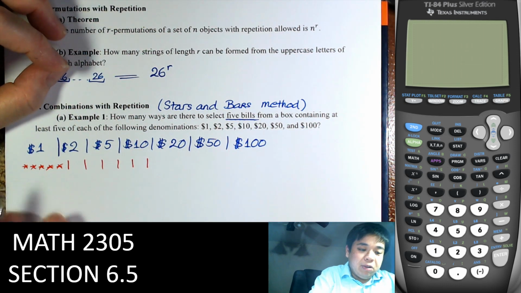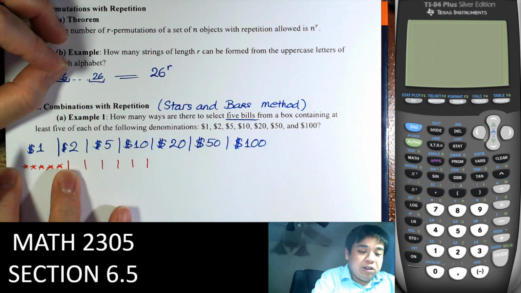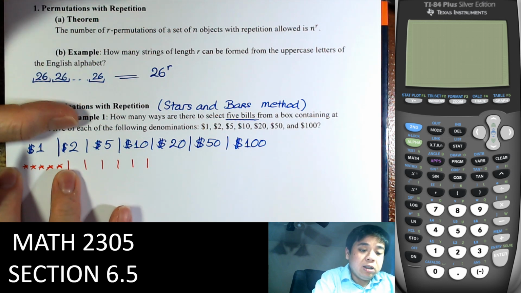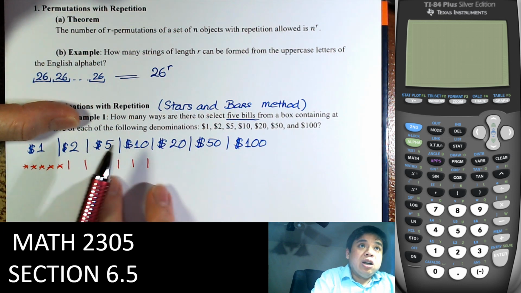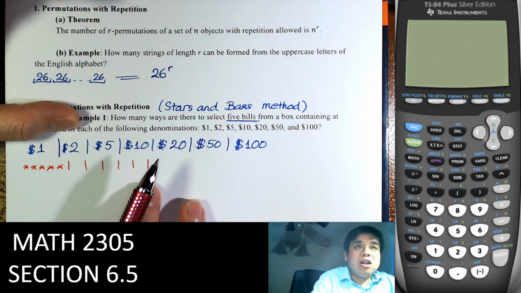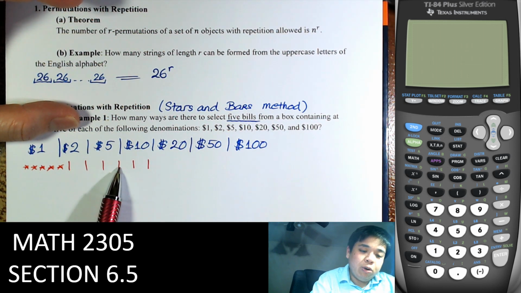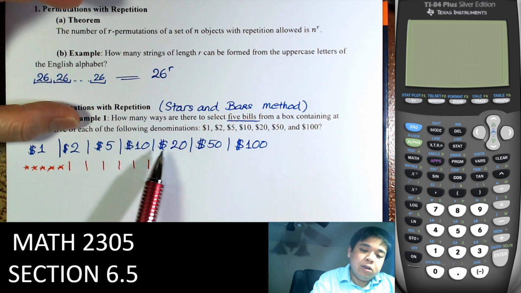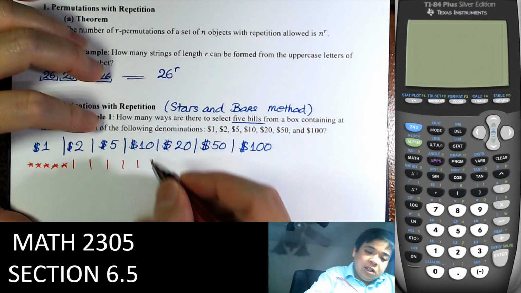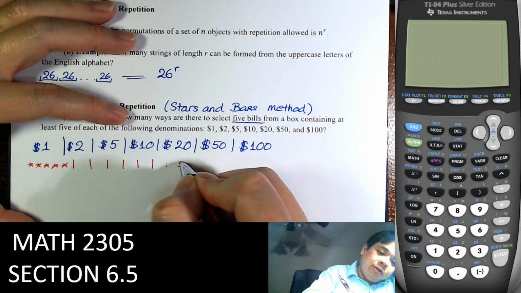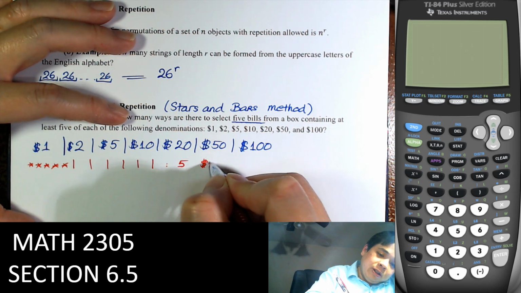So the 5 stars are 5 bills of $1, and then between the dashes, or between the bars, they're empty. So that represents five $1 bills.